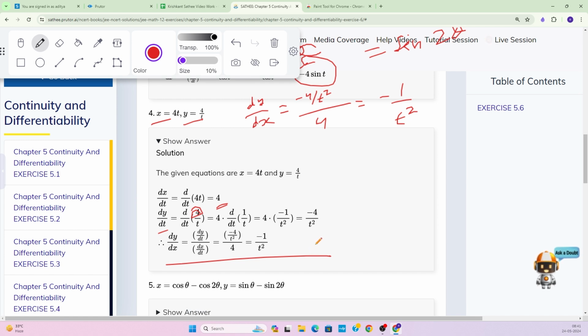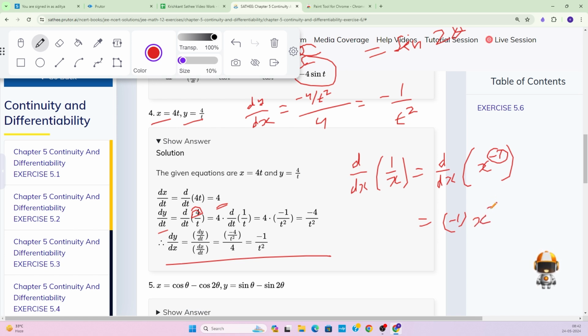So what we have used in this is the differentiation of 1 by x, which can be rewritten as the differentiation of x power minus 1. If you recall, there is a rule: write the power as a coefficient of the given parameter and reduce the power by one. So you will get minus 2, which means you will have minus 1 by x square.